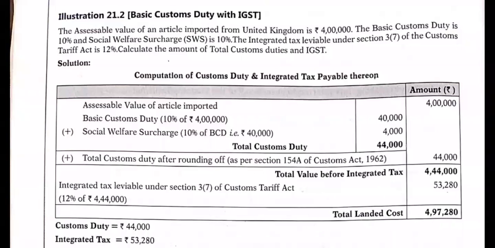Now 4 lakh 44,000, that is total value before integrated tax, plus the integrated tax of 53,280 rupees added, we are going to get 4 lakh 97,280 rupees. So custom duty we got is 44,000 and integrated tax we got is 53,280 rupees.